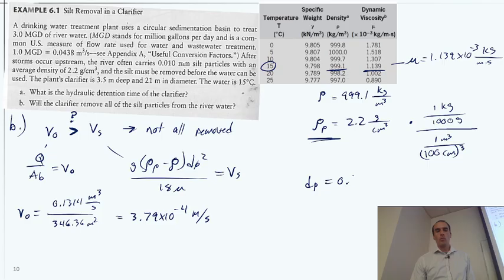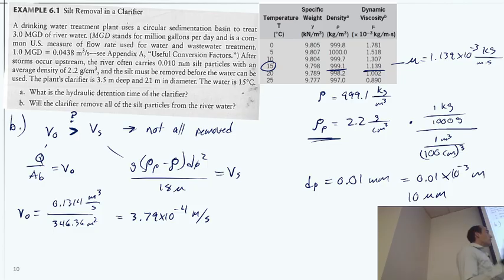This was 0.001 millimeters. Another way to write this would be 0.01 times 10 to the minus 3 meters. Or, if you wanted to be fancy, 10 micrometers.